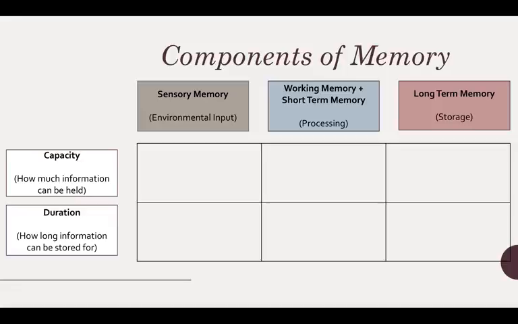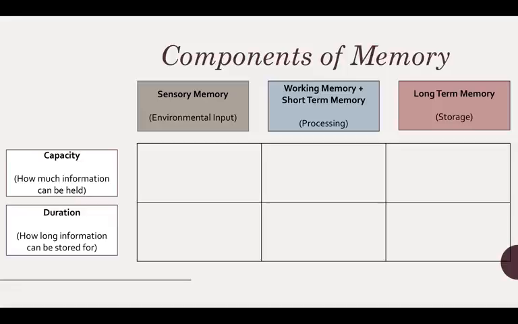As I said before, whenever we're talking about IP theory, we're talking about 3 core memory systems: sensory memory, working memory, and long-term memory. In addition to being able to compare the function of each of these memory systems, so what they do in terms of processing or storing information, the way we can think about the potentiality of these memory systems is by examining their capacity and duration.